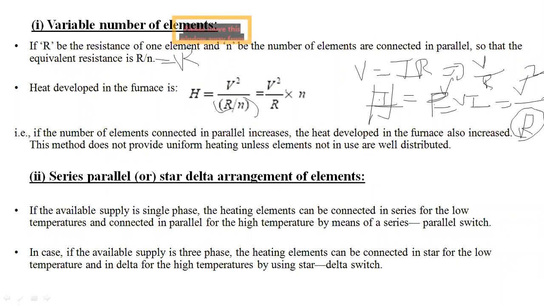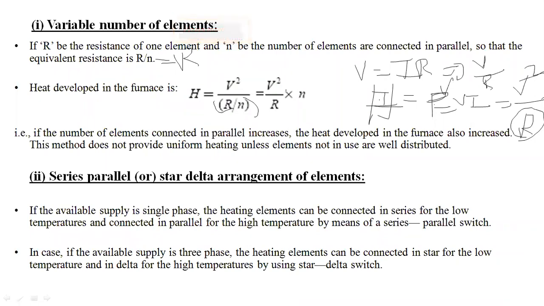Suppose you connect a three-phase supply instead of a single-phase supply, then how are the connections made? Here the heating elements are connected in star for low temperatures, just like the series connection in the series parallel switch.